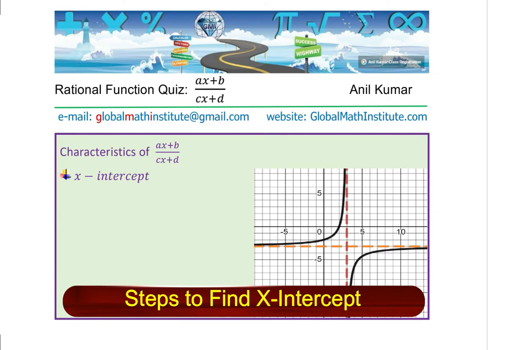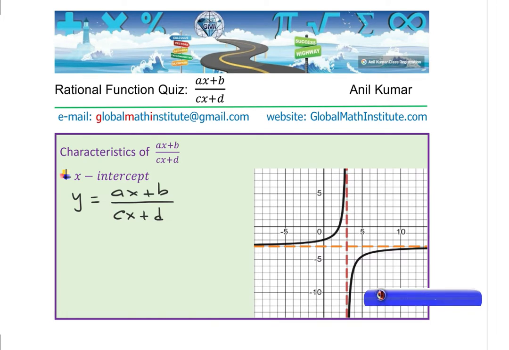Now, if a general equation is given to you, let me rewrite this equation as y equals ax plus b over cx plus d. We're talking about x-intercept. So you understand x-intercept means y is equal to 0. Now to make y equal to 0, let's write it first.